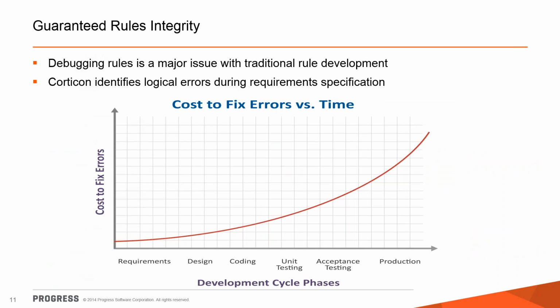So the second benefit that we were talking about, guaranteed rules integrity. When you're writing code, in almost every language, you've got these great debugging capabilities. But this debugging capability is a real issue when you're writing rules in the form of code.